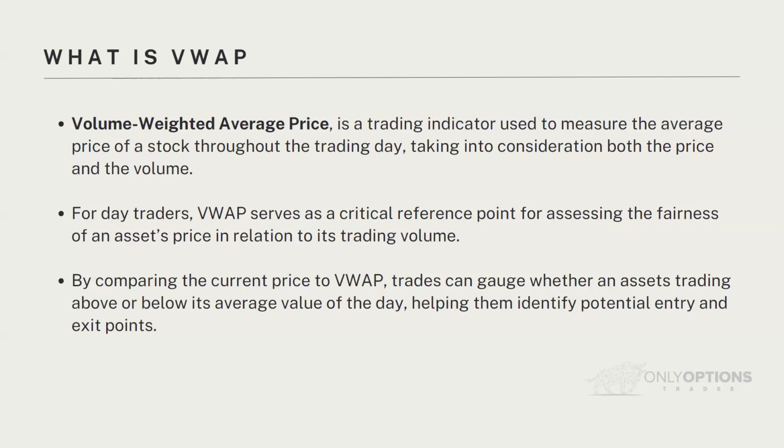VWAP stands for volume weighted average price. It's an indicator, normally purple, like the default settings on most trading platforms. It measures the average price of a stock, like every indicator, but the difference is that VWAP measures with both the price and the volume.